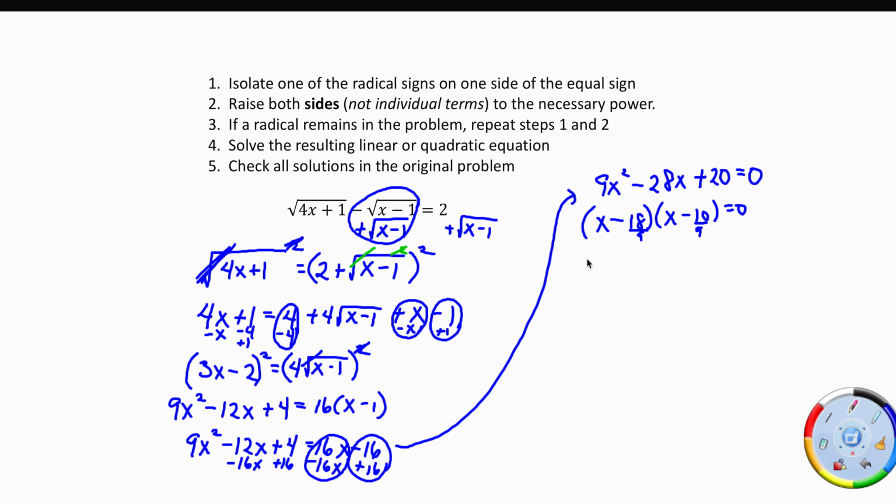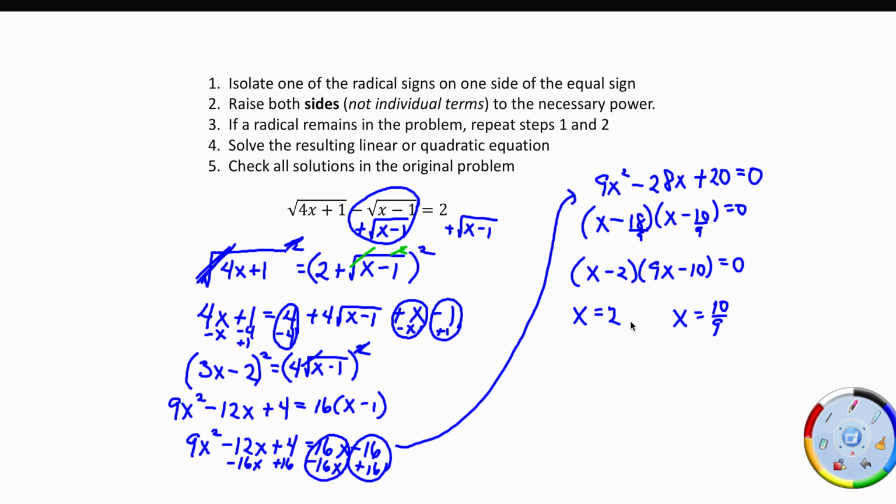If you don't know what I'm talking about here, we can talk about that during class time. So this leaves x minus 2 times 9x minus 10 equals 0. So either x is 2 or x is 10/9. Don't forget I have to check these answers.